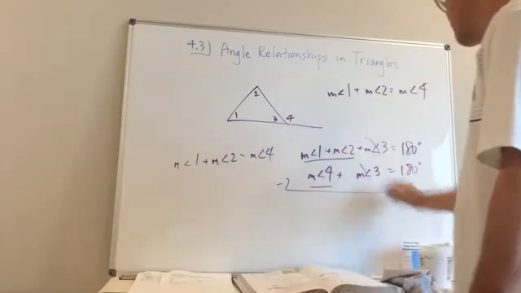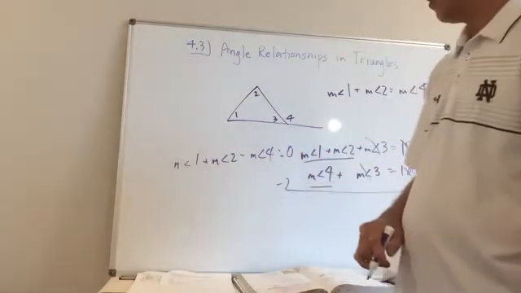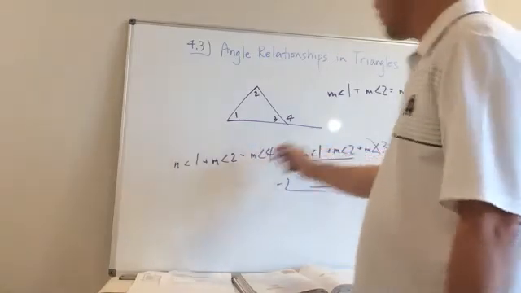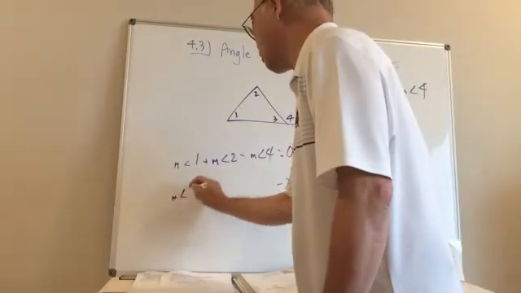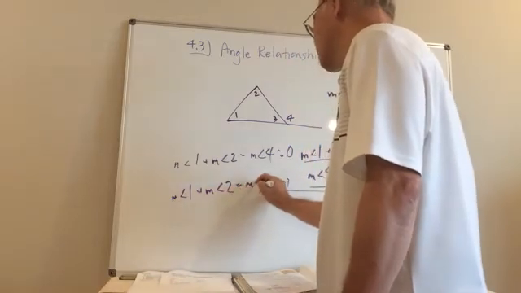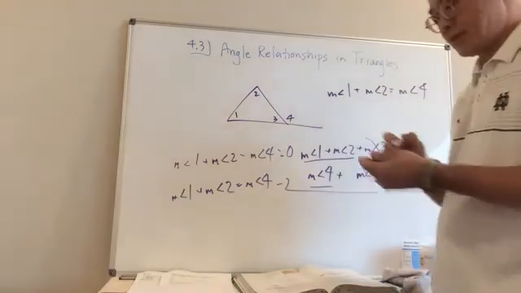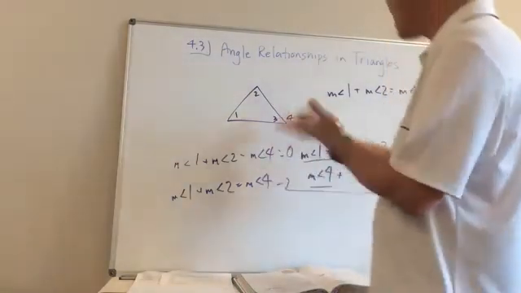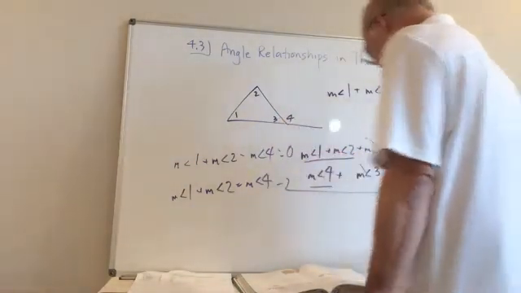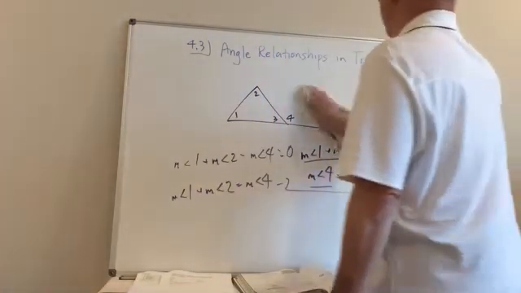This one cancels out, this one cancels out. It's going to be equal to 0. So I move this one over to the other side, and I get angle 1 plus angle 2 is equal to angle 4, right? Just as we talked about. So this is how the exterior angle theorem works, okay?